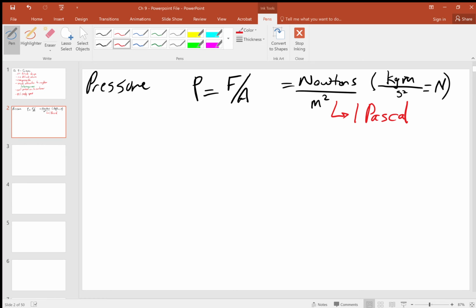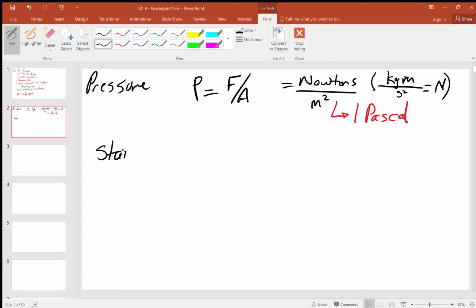Now, pressure is something you've probably seen in other units, especially if you watch the weather. The most common unit you may have seen for weather, where they talk about the barometric pressure, is inches of mercury. Now, that's not a unit we're going to use in here in general, because that's not an SI unit. The only issue with pascals is that the pascal turns out to be a very, very small unit.